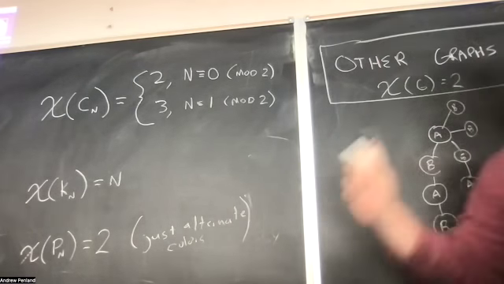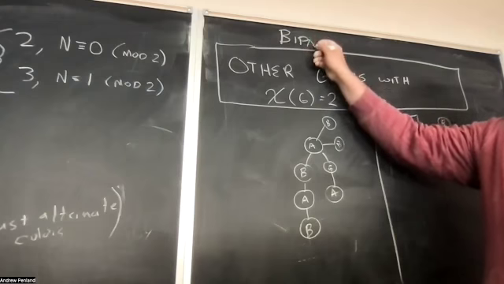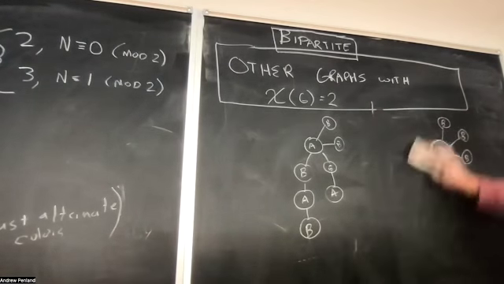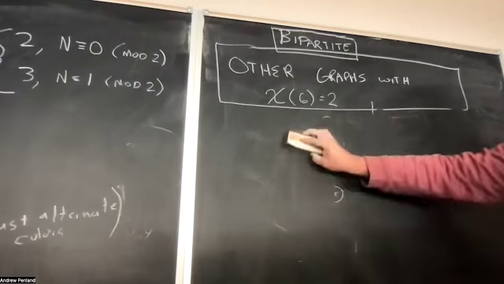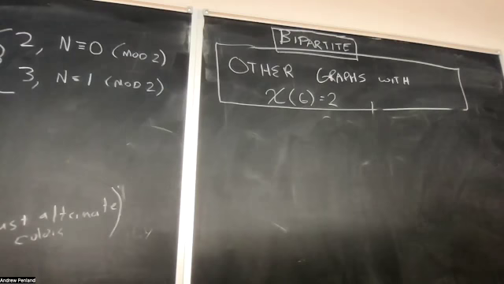So these graphs that have the chromatic number equal to 2 are called bipartite. And the reason they're called bipartite is you can take the vertex set and partition it into 2 sets so that the only edges occur between the 2 sets.